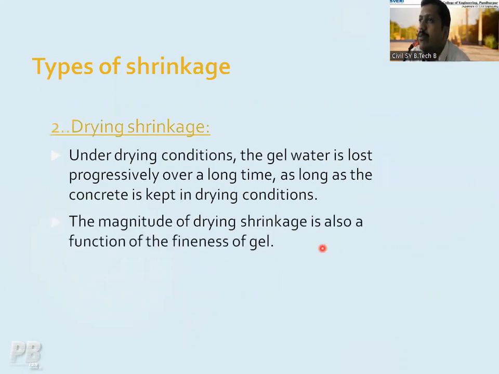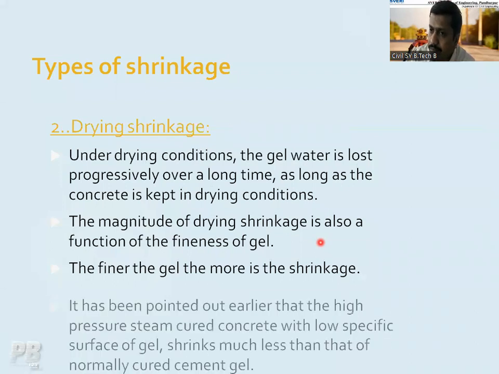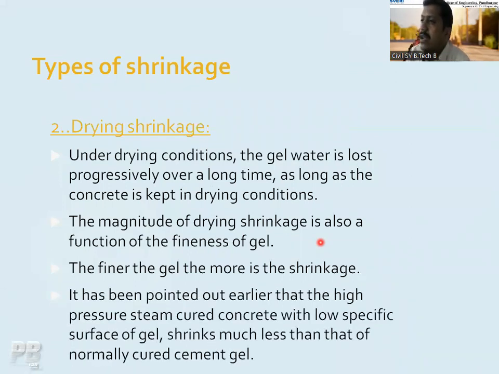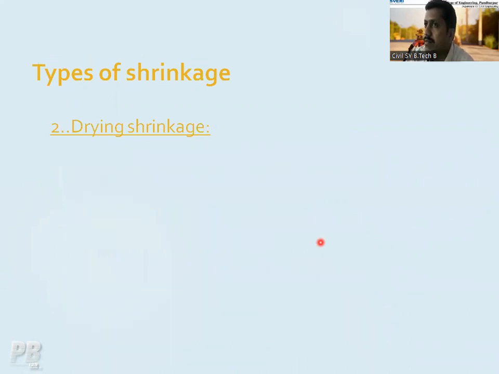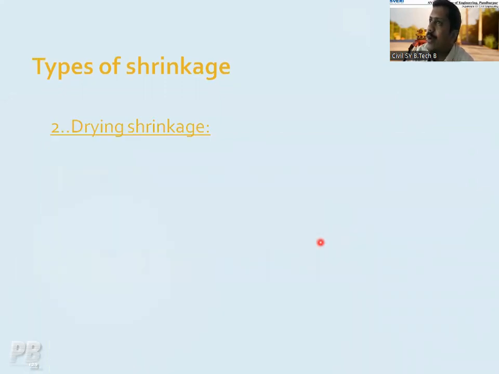The magnitude of the drying shrinkage is also a function of the fineness of the gel. So finer the gel, more will be the shrinkage. It has been pointed out that high pressure steam cured concrete with low specific surface of the gel shrinks much less than your normally cured cement gel. So this is the example of the drying shrinkage. Okay, I hope you understand.